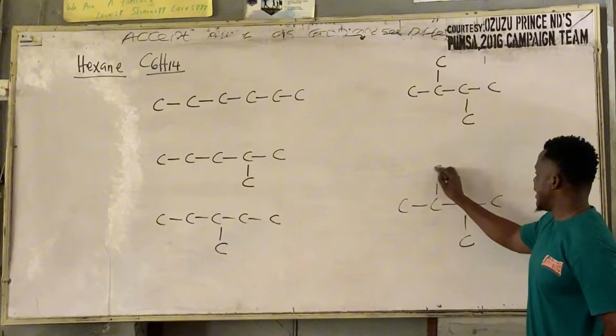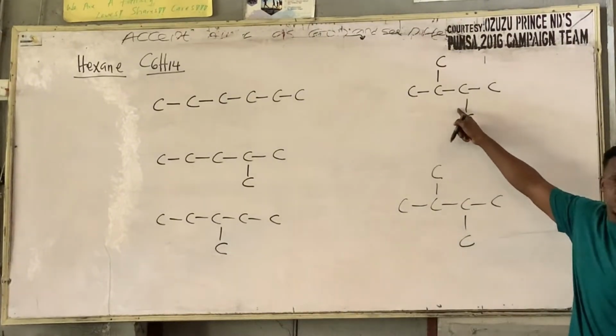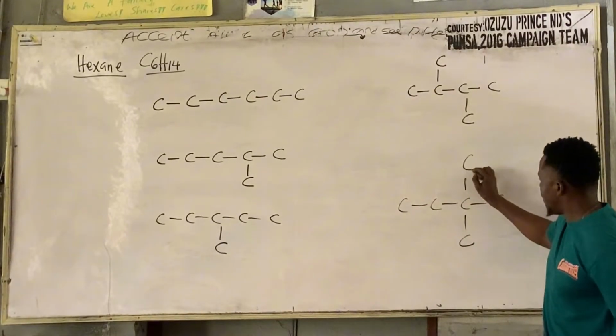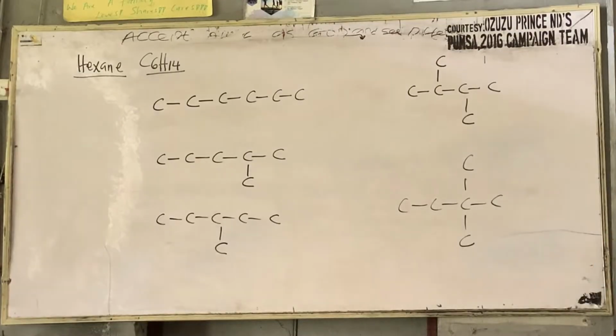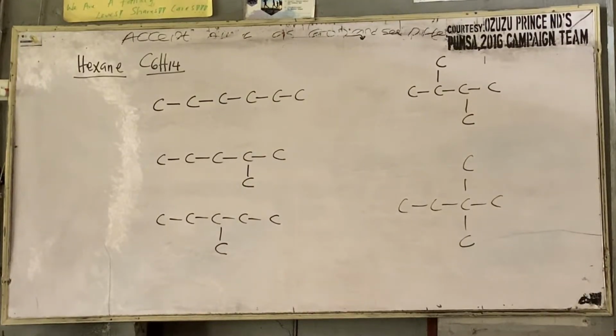If I put this group here, I'm coming back to this one also. But even if I put it there, I'll get a new compound. Now, they may not really ask for all of this. This is just a way of trying to help you, so that in the exam, just in case a compound is not beyond your scope, you can use this wisdom and understanding to get it.